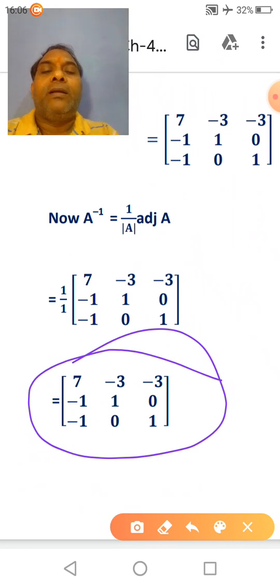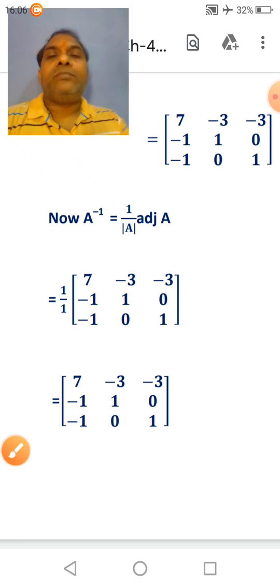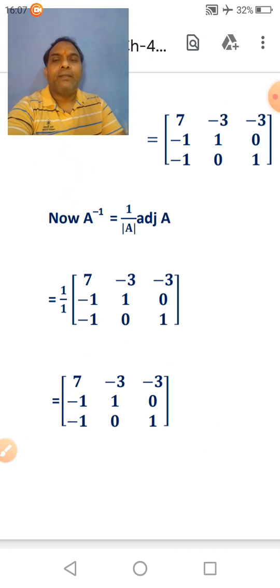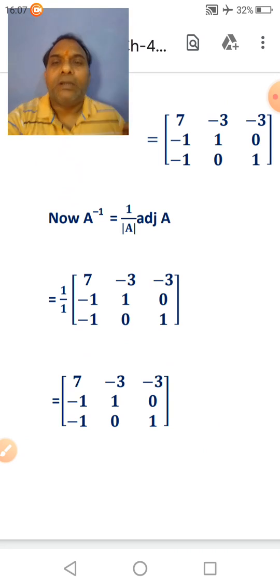Clear? So you can find the inverse of the matrix by using elementary transformation, by using row elementary transformation or column elementary transformation. And also you can find the inverse of the matrix with the help of the adjoint of the matrix. Firstly find the determinant value of the matrix.